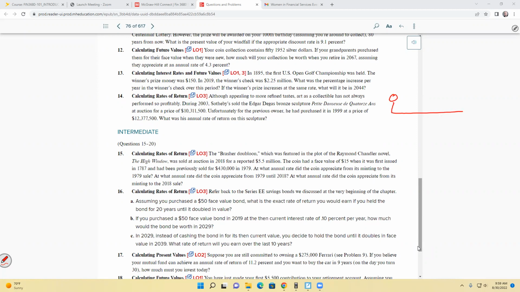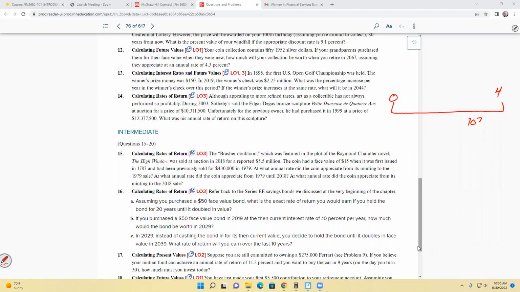If we look at this, from '99 to 2003, we know N is 4. What's our present value here? Which one's present value? 10 million? Oh, no, 10 million is future value, right?